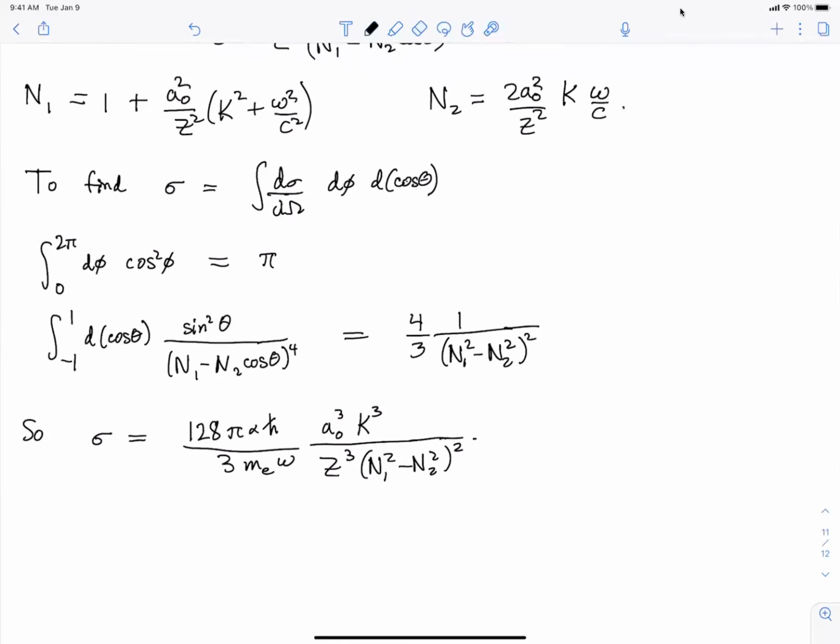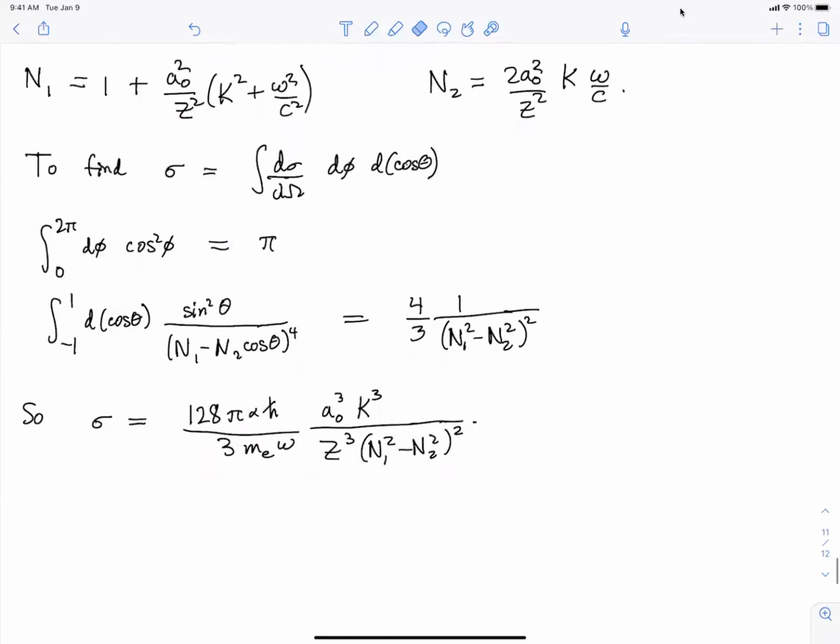But you may remember last time that we were saying that this only should work in the limit of large K, large capital K. And the reason for that is because only in the limit of large capital K is the final state really approximated decently by a plane wave. If K is smaller, then it's going to be perturbed by the nucleus and it won't really be a plane wave at all.